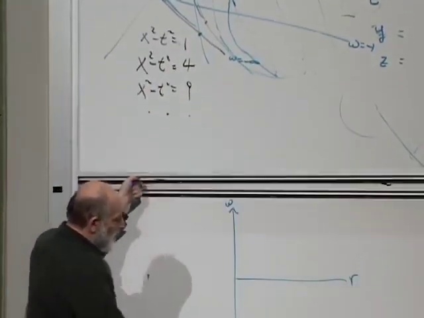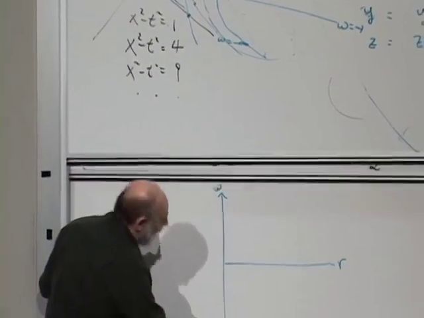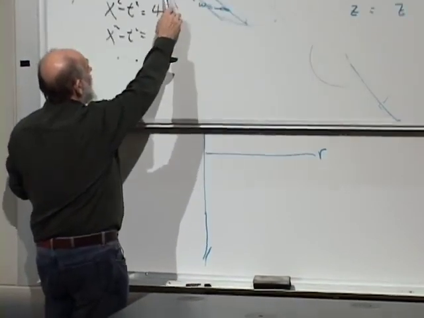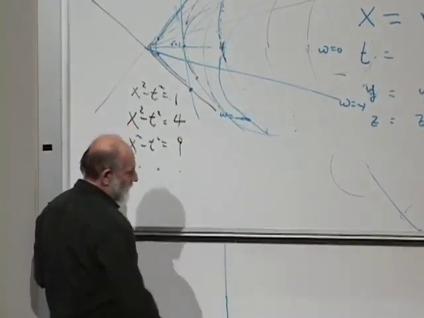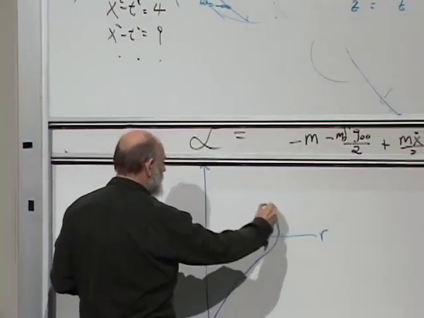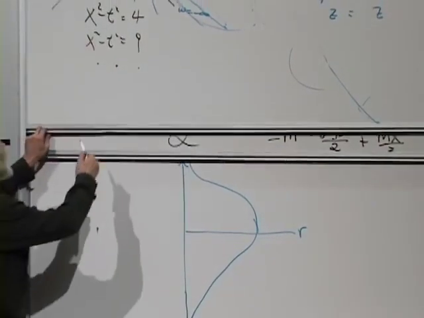So long in the past, it's at r equals 0. It pops out and goes all the way out to r equals, let's say, 1. It pops out, goes to r equals 1, turns around, and falls back in. That's what happens over here.